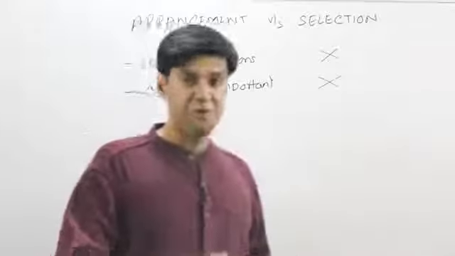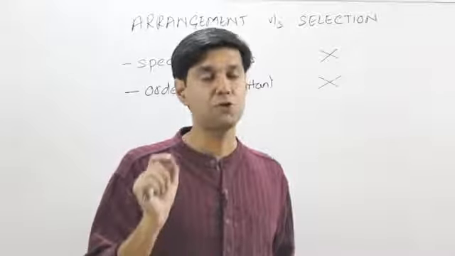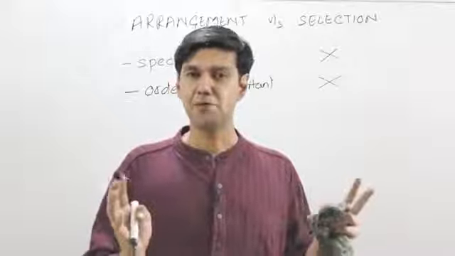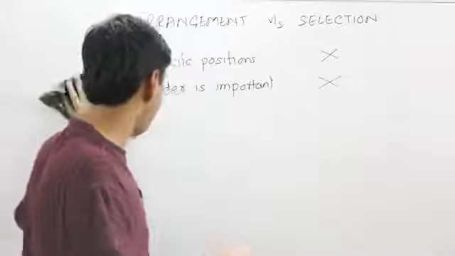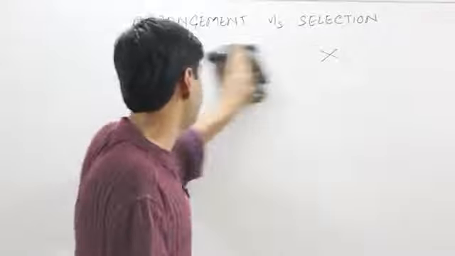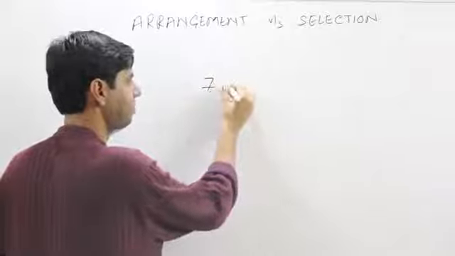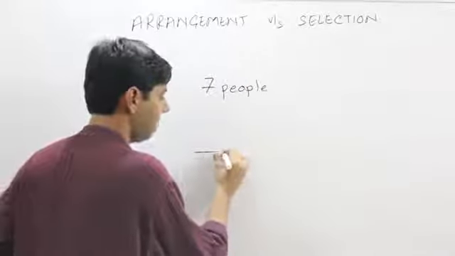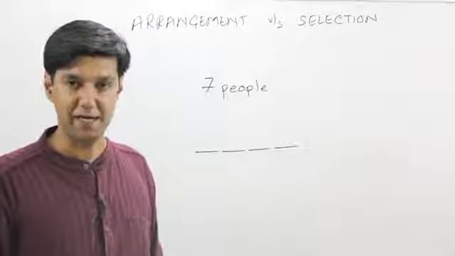However, before I start that, I want you to answer it very precisely and correctly. So I'll draw your attention to a thought process where students sometimes mix the two, arrangement and selection. Remember the situation where we had 7 people and there were 4 chairs. In how many ways can the chairs be occupied?